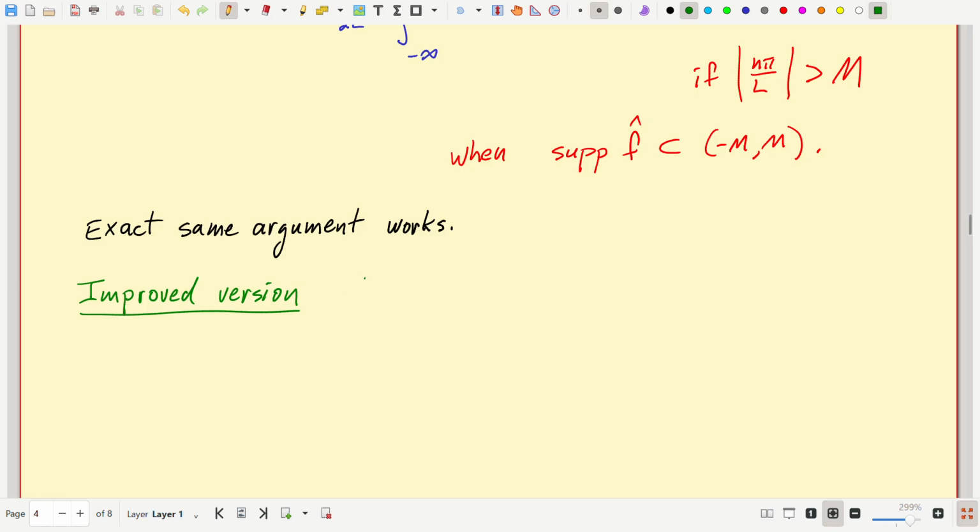I can assume f has compact support, and it's merely piecewise continuous. So I can assume it's merely piecewise continuous and has compact support.